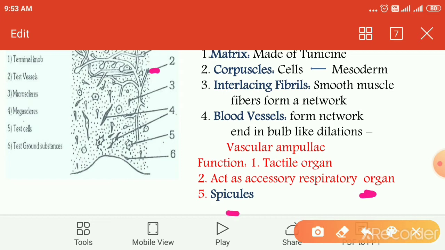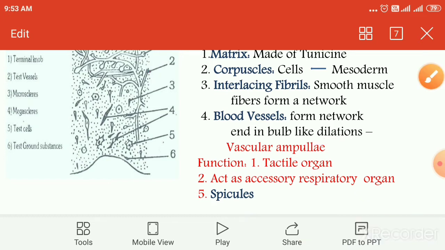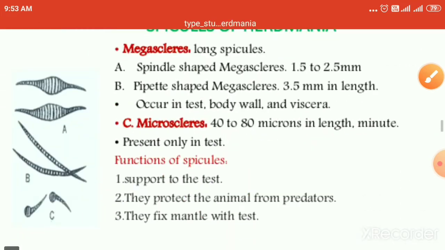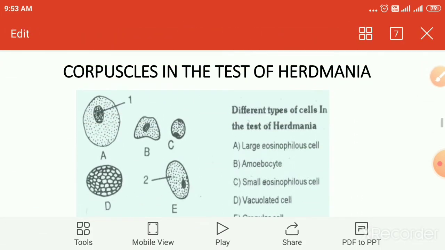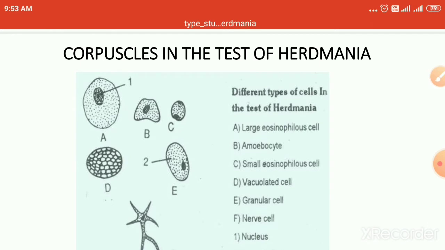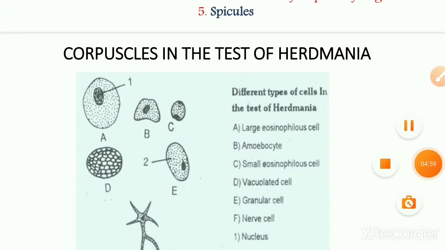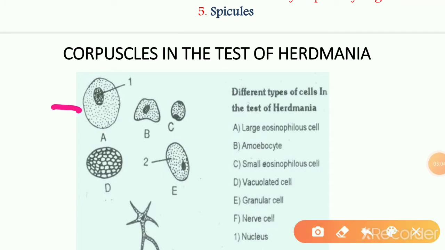Now another part of the test is spicules. The spicules are megascleres and microscleres. Here we can see the corpuscles in the test of Herdmania. The corpuscles are the large eosinophil cells, amoebocyte cells, and small eosinophilous cells.